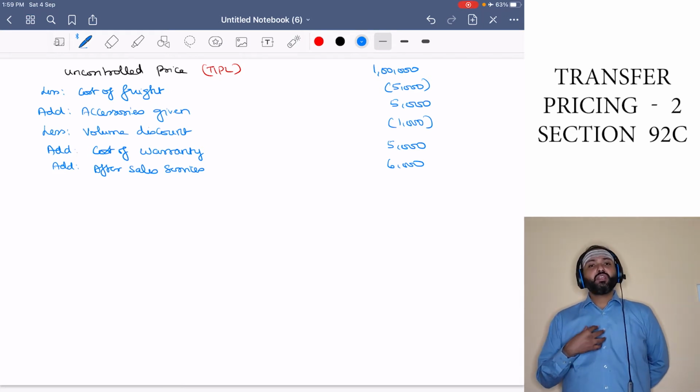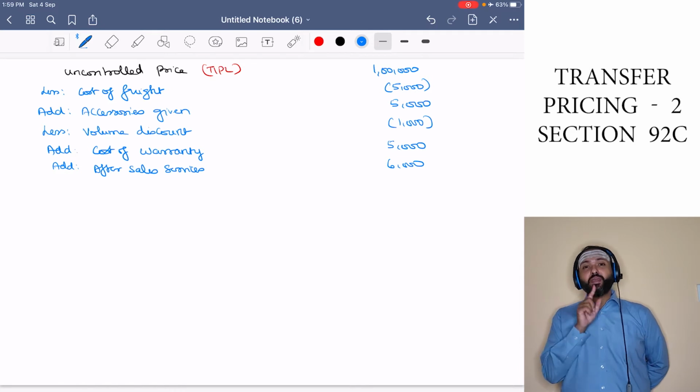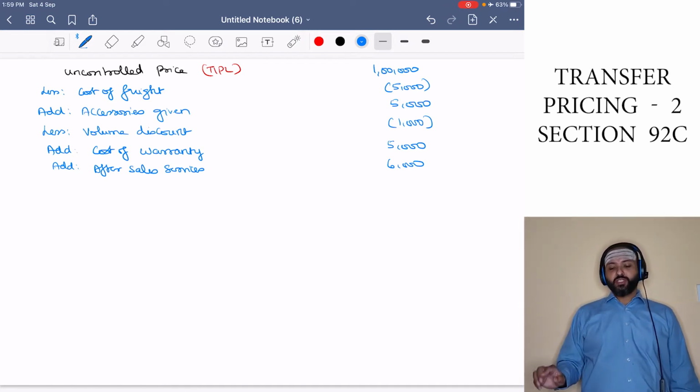So now we are using the price of TIPL as base to arrive at the price of AIPL. So what should we do? These are additional costs incurred by ASPL. The Singapore entity incurs extra cost for the Indian entity, that is AIPL. Therefore, these costs should be added to the unrelated price to arrive at the price to be charged.